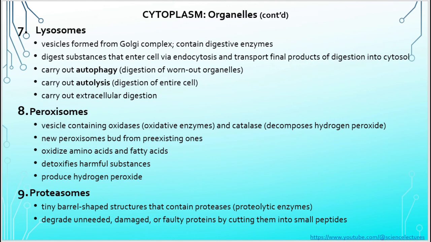However, some operate in extracellular digestion. One example occurs during fertilization, where the head of a sperm cell releases lysosomal enzymes that aid its penetration of the oocyte by dissolving its protective coating in a process called the acrosomal reaction.